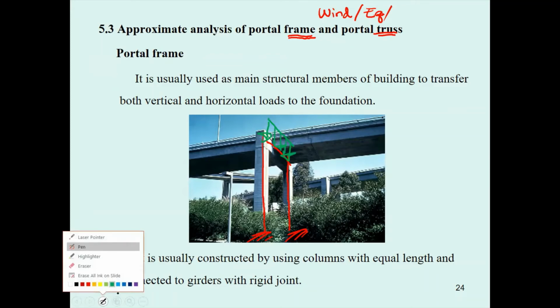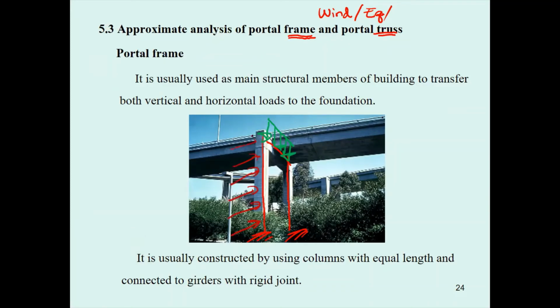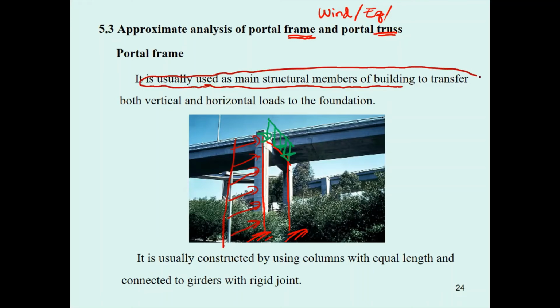And then in some areas, when you design this, you also need to consider the lateral load that comes from the wind or the earthquake load. So most of the time, this portal frame is the main structure of the building or of the highway structure to resist both vertical and horizontal load and transfer the load to the foundation of the structure safely.